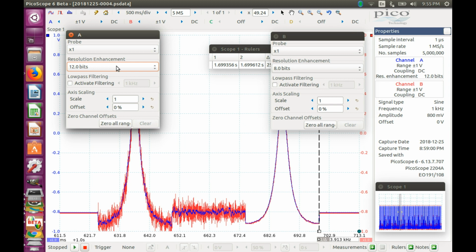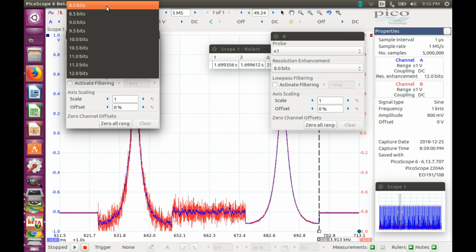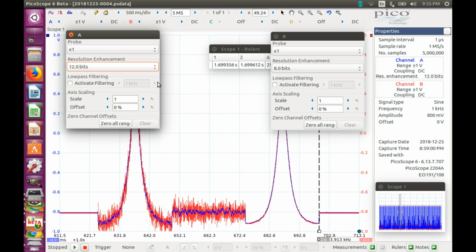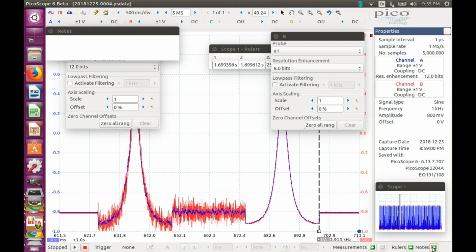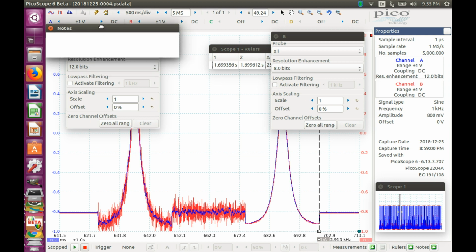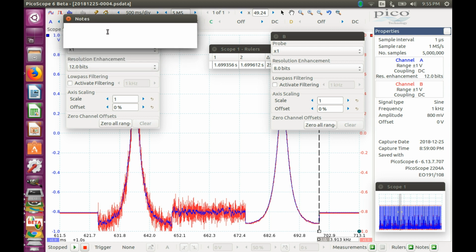To do that, we will notice that we went from 8 bits to 12 bits in our resolution enhancement. That is the difference of 4 bits. We need to take 2 and raise it to the power of 4, the 4 bits that we added, and we will get 16. Take 16 and square it to get 256.